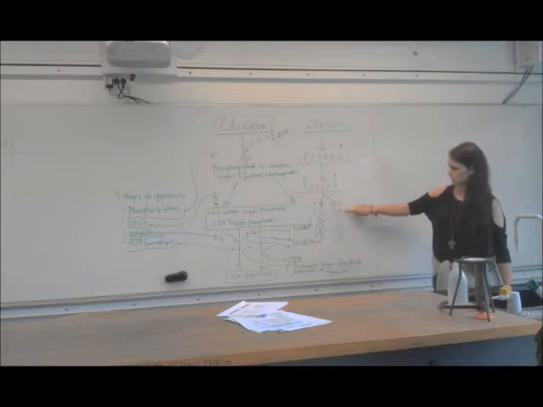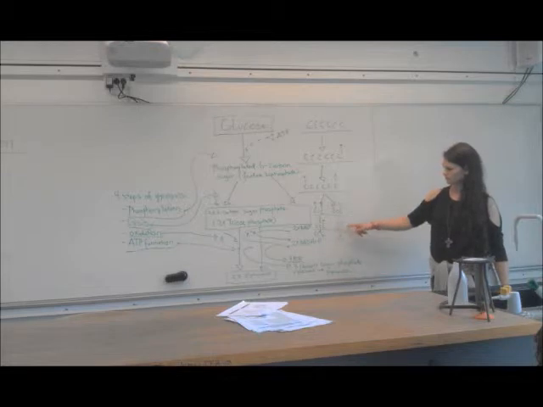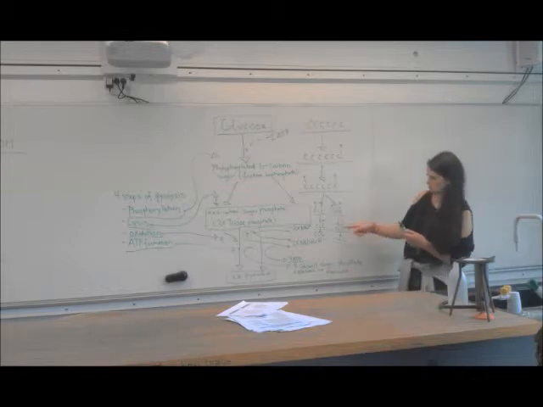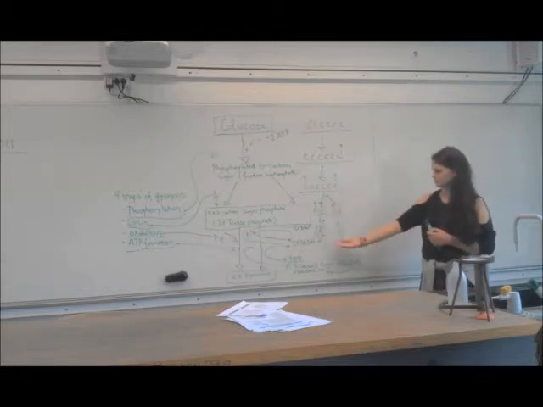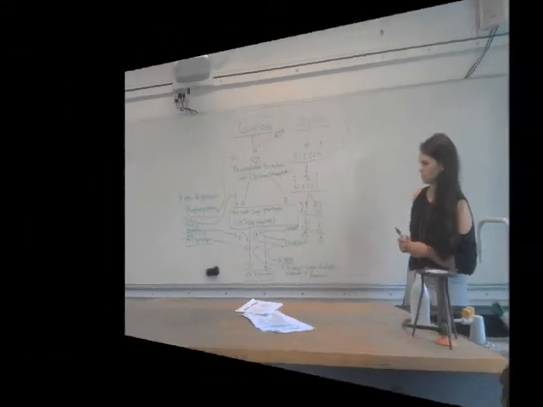Then we have the addition of an inorganic phosphate to each of these, and first one of these inorganic phosphates is removed to create 2 ATP, and then afterwards they are removed again to create another 2 ATPs, giving 2 pyruvates.